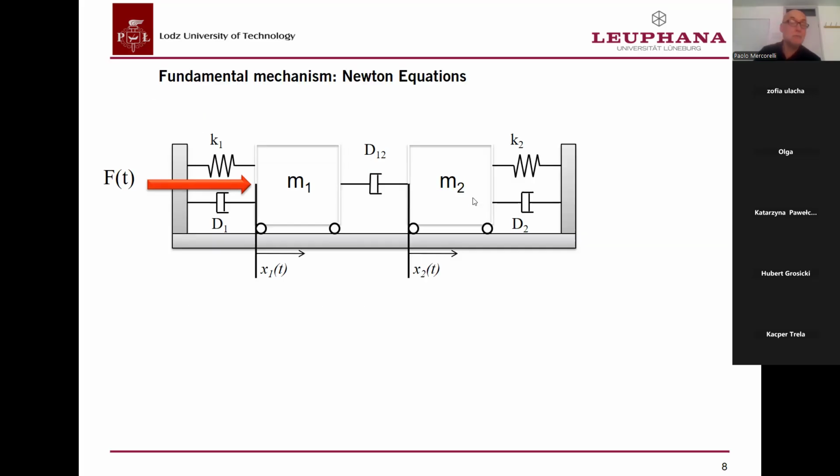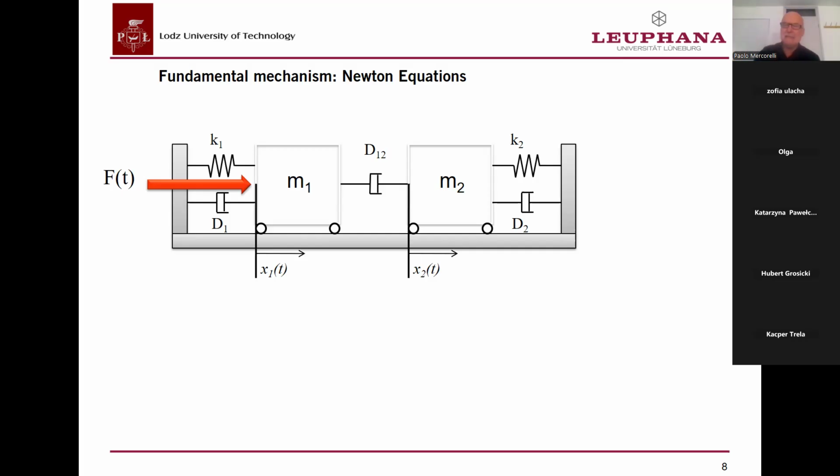Because m2 does not move, but if m2 will move, of course, I have to consider the difference between the two velocities. Because if they move with the same velocity, we don't have a reaction in between. Assuming the linear model, then the reaction on the movement of m1 is minus d12, parenthesis, x1 derivative minus x2 derivative, parenthesis.